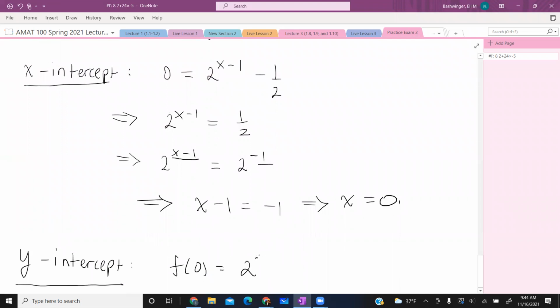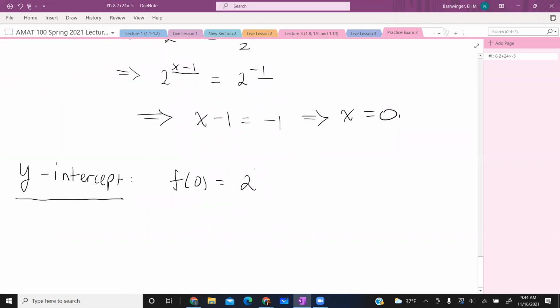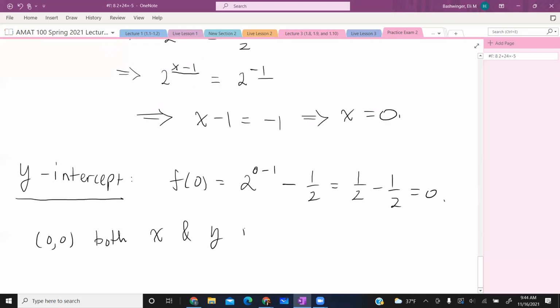So the x and the y-intercepts are the same. In other words, it just passes through the origin. So 2 to the 0 minus 1 is just 2 to the -1, which is 1/2. So we have 1/2 minus 1/2 is 0. So 0 is both the x and y intercept.